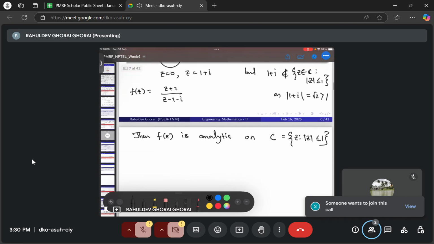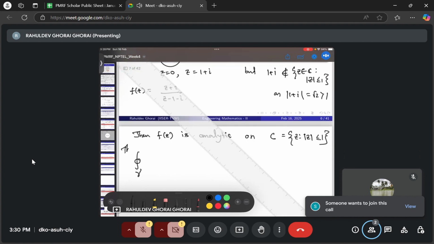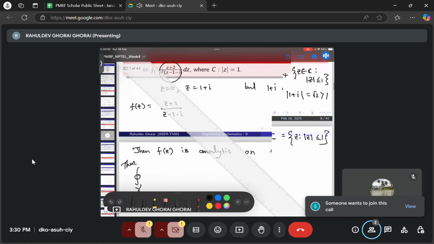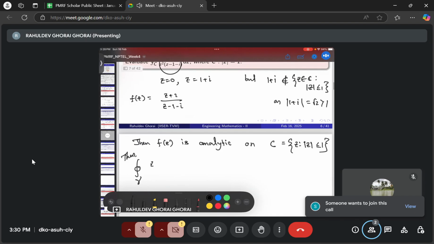So our integral becomes the integral of f(z) over z square, which you can write as (z minus 0) whole square.